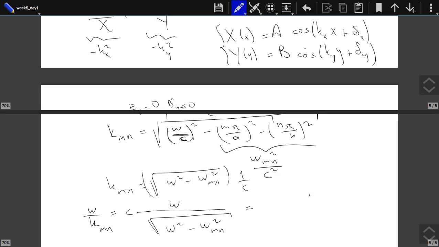This is equal to c over the square root of 1 minus (omega mn over omega) squared, which is larger than c. It seems that in the z direction, it is moving faster than the speed of light.